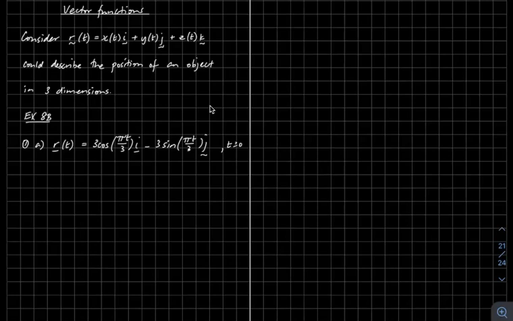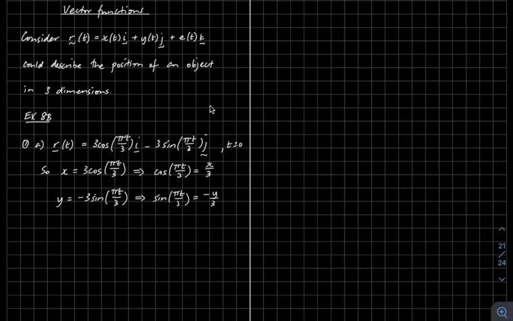So let's start off by saying, well, if x is equal to 3 cos pi t over 3, and y is equal to minus 3 sine pi t over 3, then with just a little bit of rearrangement we could say cos pi t over 3 is equal to x on 3, and likewise rearranging this one, sine of pi t over 3 is equal to negative y over 3.